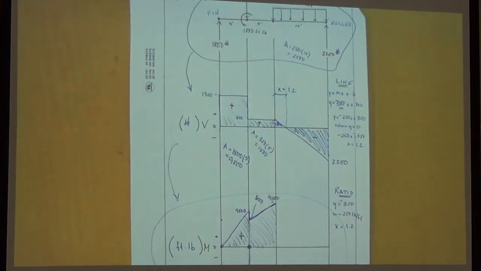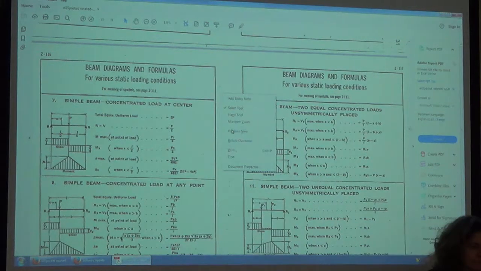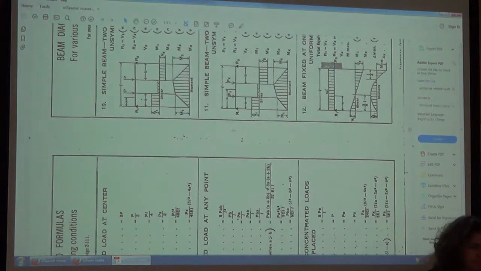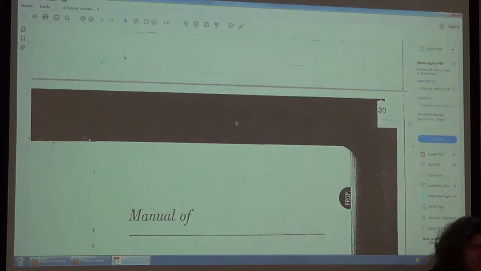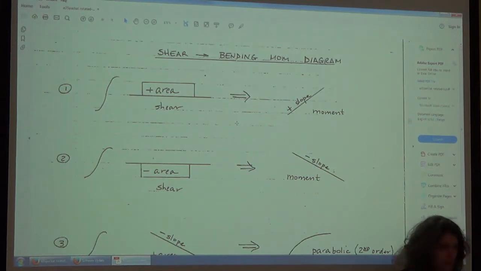Okay, Julian, what happens next? So should we look? Let's look at the cheat sheets. Hang on. Okay, here, let's do it negative.